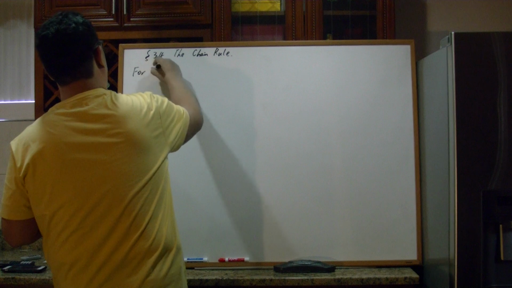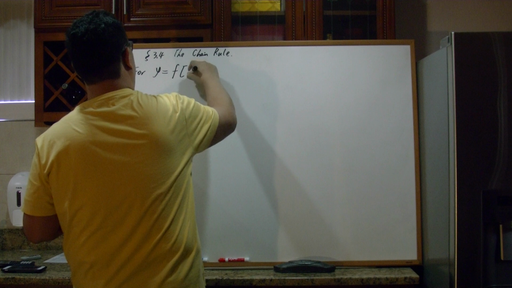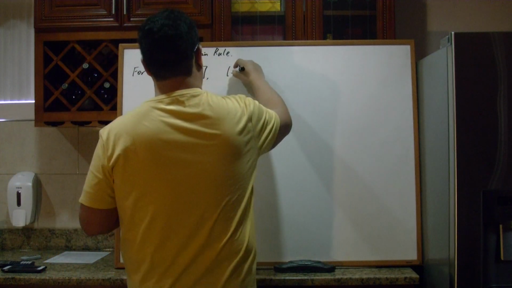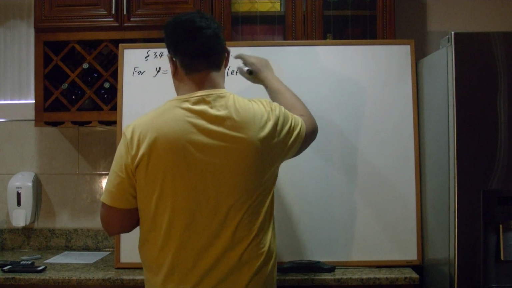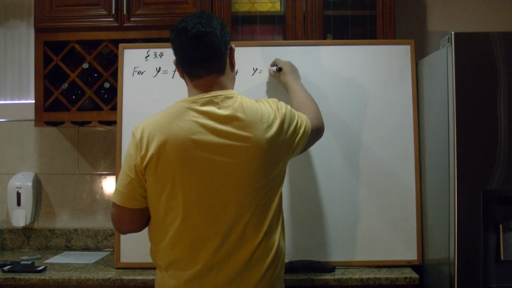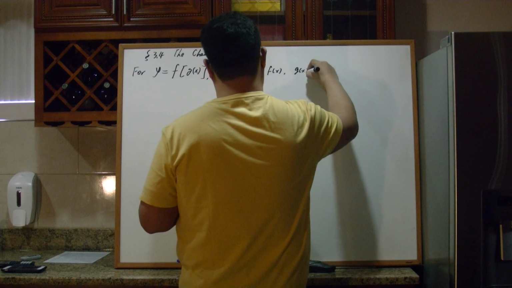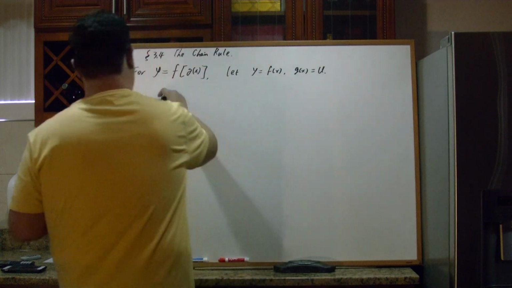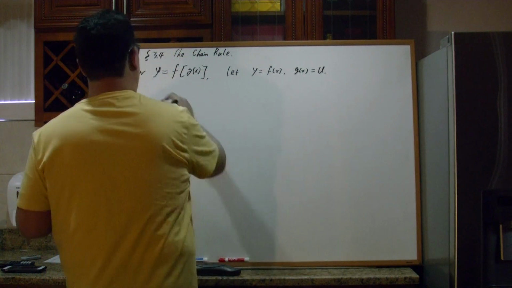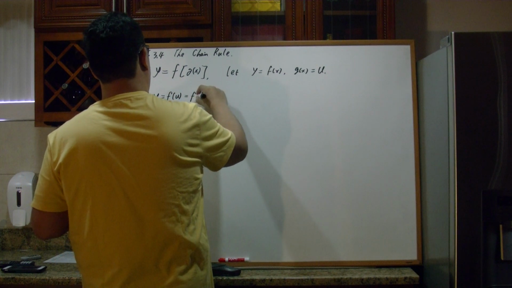So for a composite function, y equals f of g of x, we let y be f and g of x be u. Then y becomes f of u, but still f of g of x.